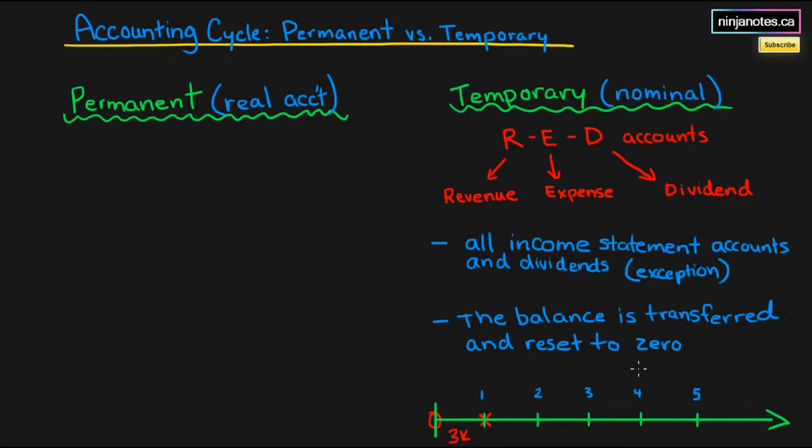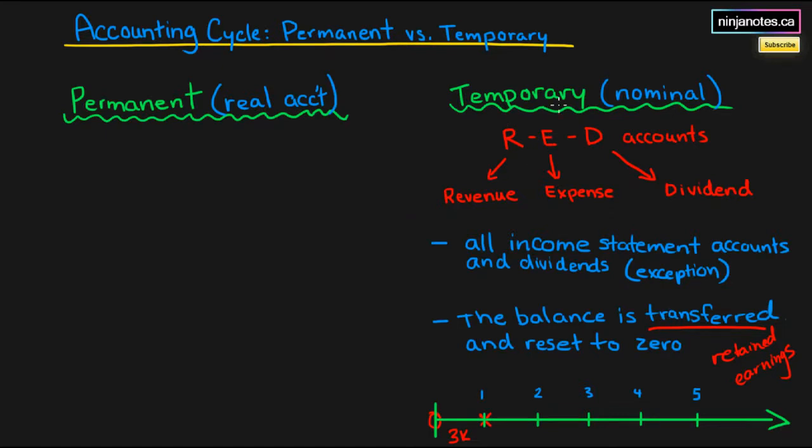The way we're going to do this is by transferring this balance to a permanent account, which is going to be retained earnings, because all of these temporary accounts will eventually end up in retained earnings, I should say, because they are actually indirectly closed to another account, which you'll see in the next tutorial.